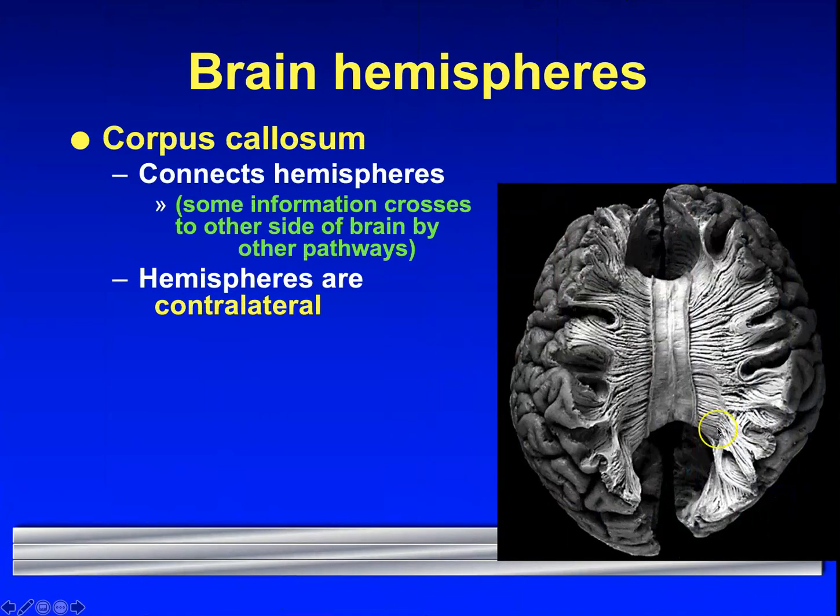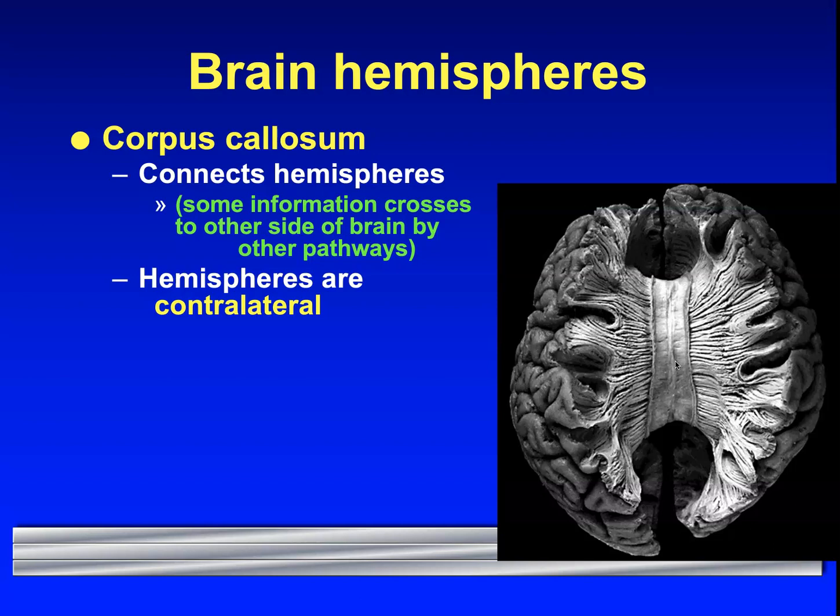Looking at the hemispheres, we've got the left brain and the right brain. And here is that corpus callosum, this big series of fibers, 300 million fibers that connect the left and right hemispheres. Now, this is not the only thing that connects the two halves of the brain. Some information crosses to the other side by other pathways. So we're going to talk about experiments where they severed the corpus callosum.